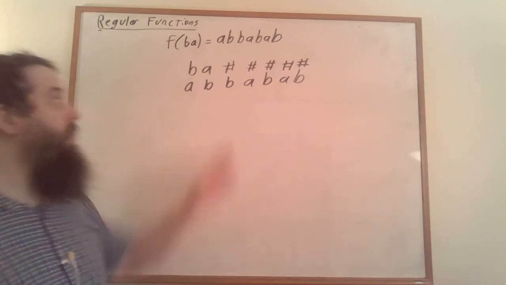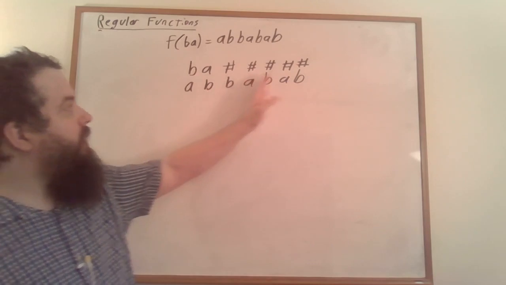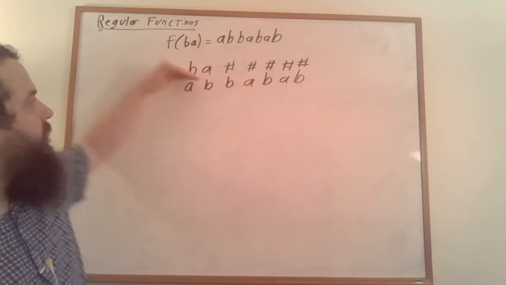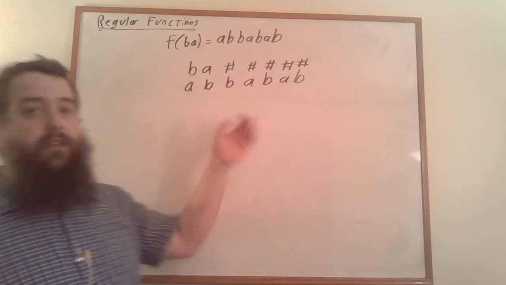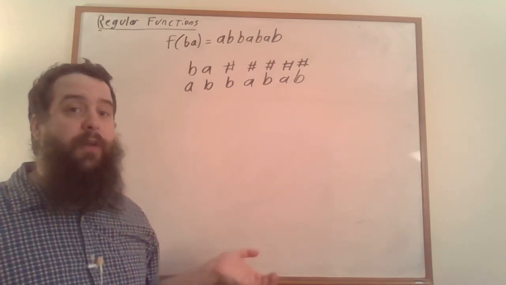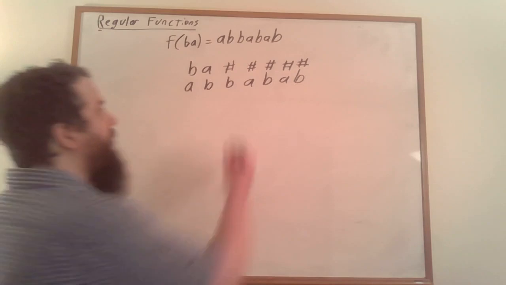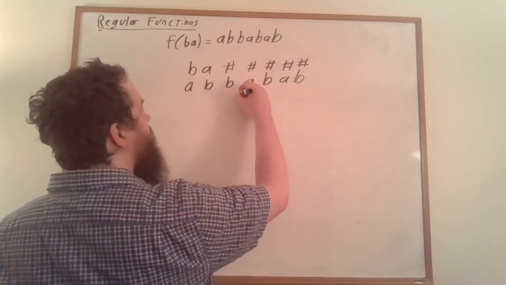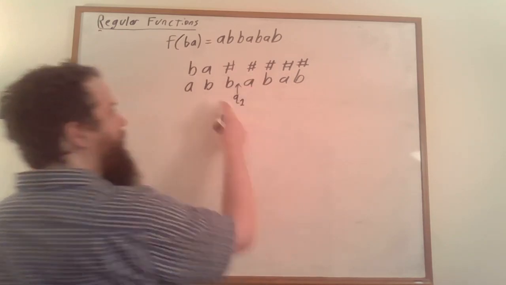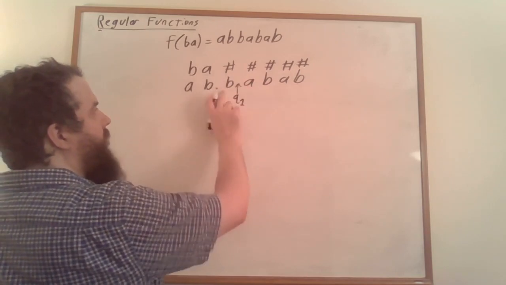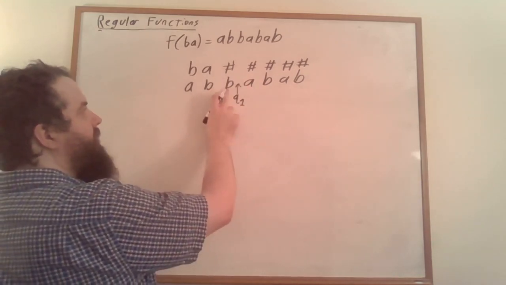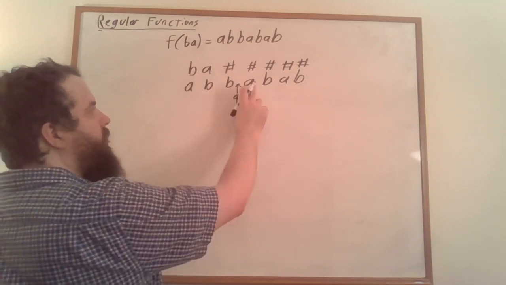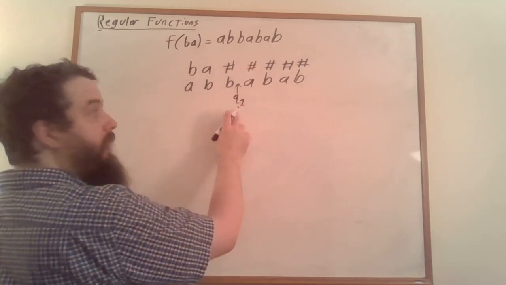But here's the thing. Every character of the output past the end of the input word has to correspond to a new state of the automaton. Suppose that the same state showed up twice. Let's say that state Q1 shows up between these two characters here. So after reading this B octothorpe, but before reading this A octothorpe, we're in state Q1.